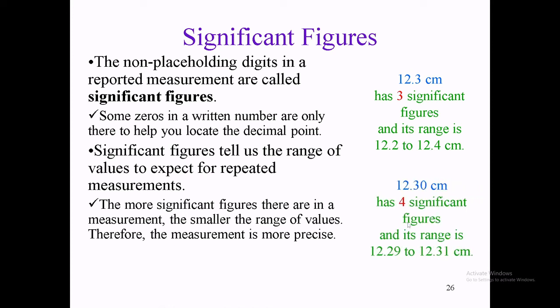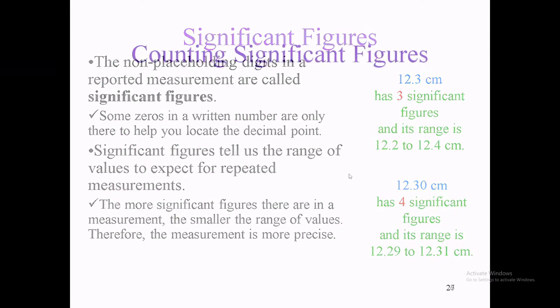Whereas if we rewrite this as 12.30 centimeters, we have 4 significant digits. And this means that we should now be seeing values that are between 12.29 and 12.31. So we can see that the more significant digits we add, the tighter the ranges on our measurements, and the more precisely we know what the true value is going to be.